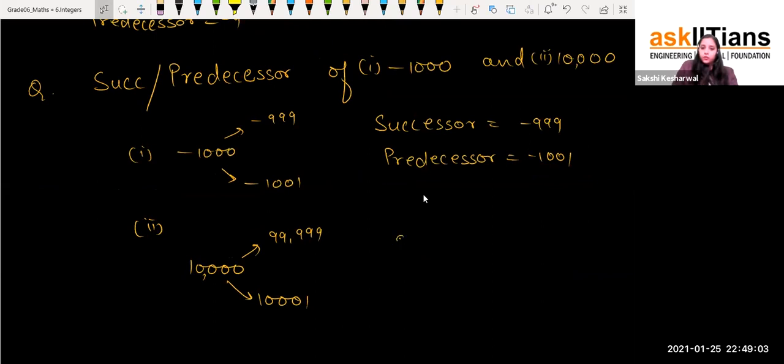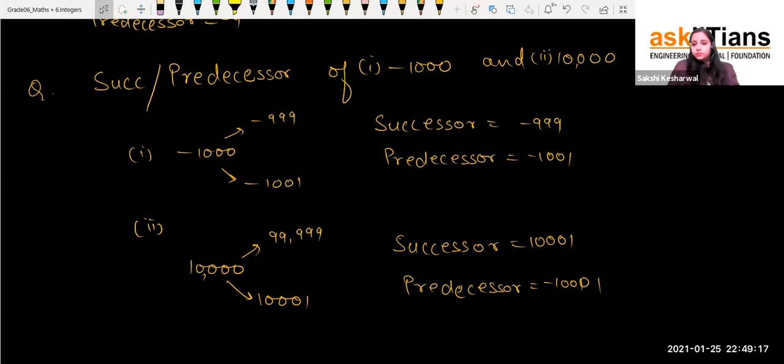So the successor is 10,001, and its predecessor is, oh, my bad, it will be 9,999.